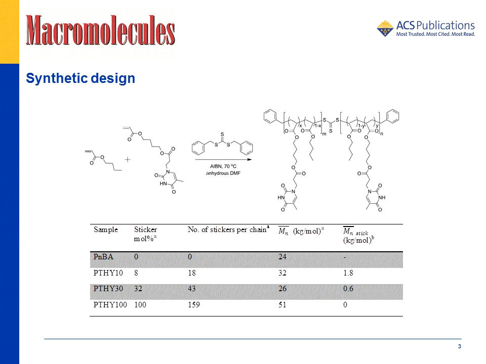Therefore, a synthetic approach was used, benefiting from RAFT polymerization to make different copolymer compositions containing 0, 10, 30, and 100% thymine along the backbone. In the case of 100% sticker, namely PTHY100, no dispersity exists, and around 159 stickers were calculated via proton NMR spectroscopy.